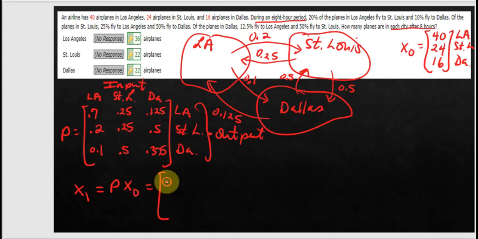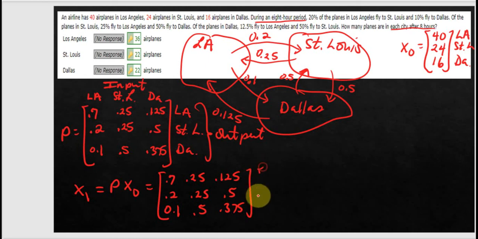So that's this first matrix, 0.7, 0.25, 0.125, 0.2, 0.25, 0.5, 0.1, 0.5, 0.375 times the initial state, 40, 24, and 16.